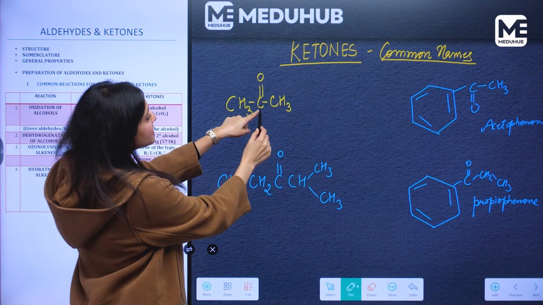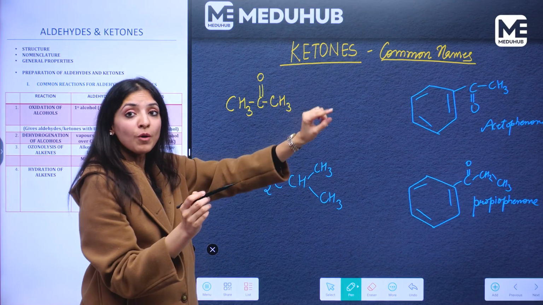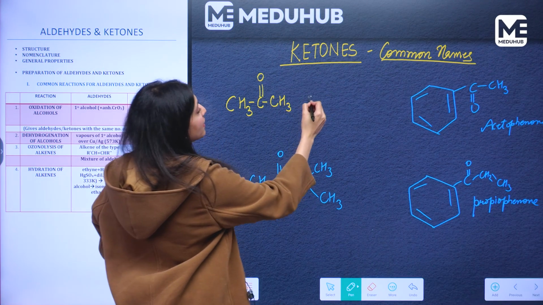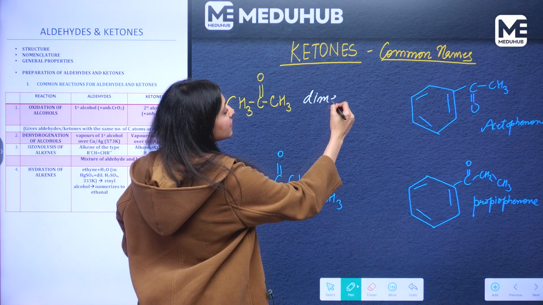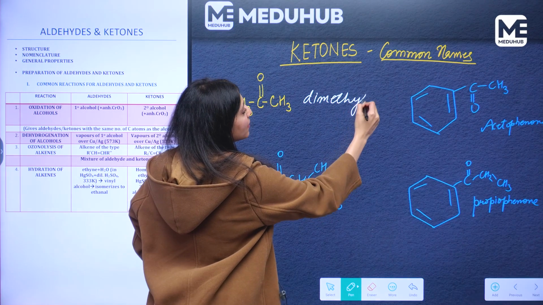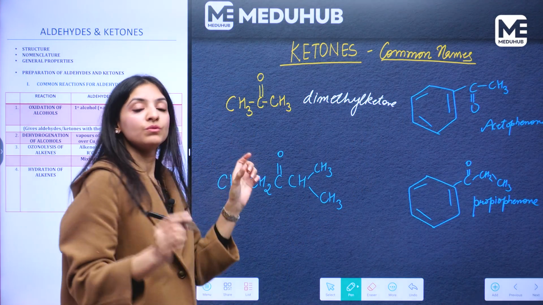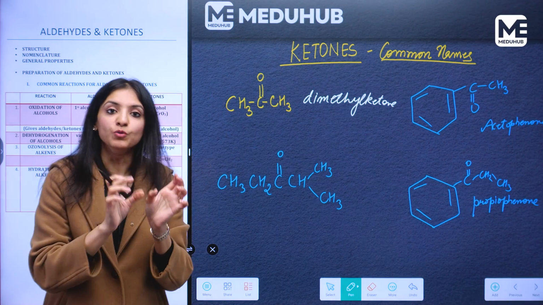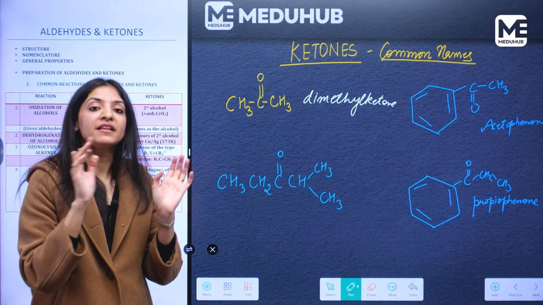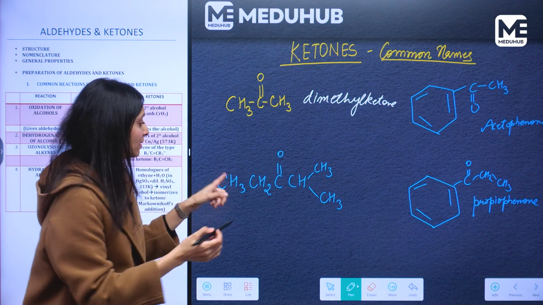So, this one is a simple ketone here, and the common name of this would be dimethyl ketone. So, what do you do? You write the name of the alkyl group separately, alphabetically, and then you add the word ketone to it.